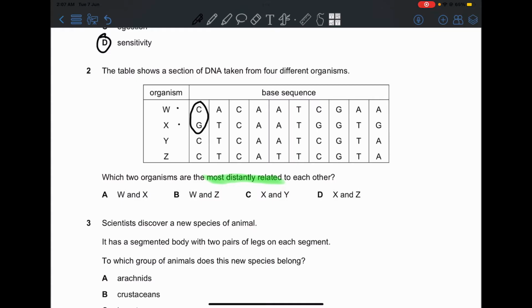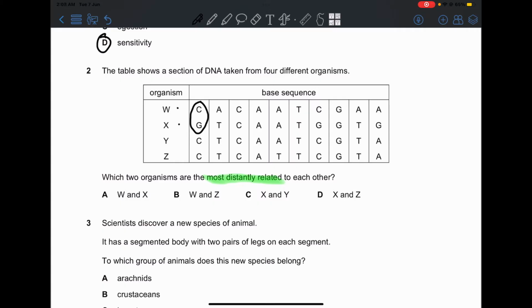If they are closely related, they will have a similar or identical base sequence. So that is how to solve the question. You're going to be finding the organism that has a large number of differences in their base sequence, and these are going to be the most distantly related.